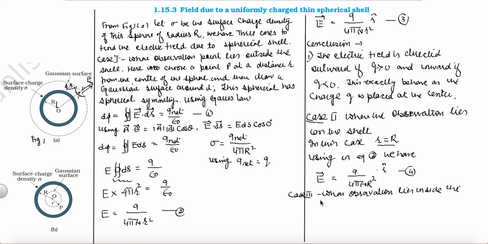As there is no charge inside the shell, charge resides only on the surface of the shell, so Q net is equal to 0 inside the shell.